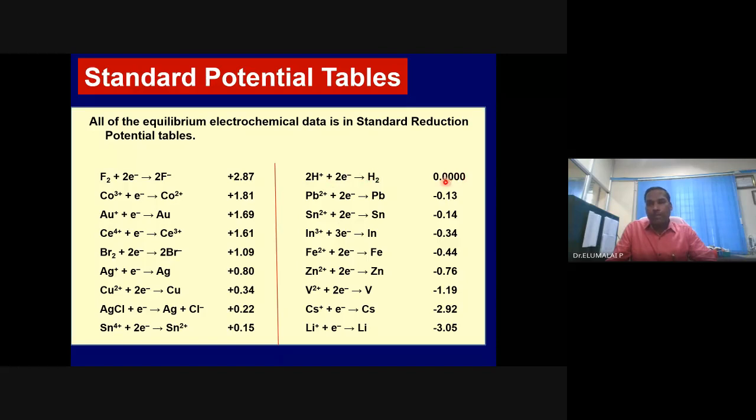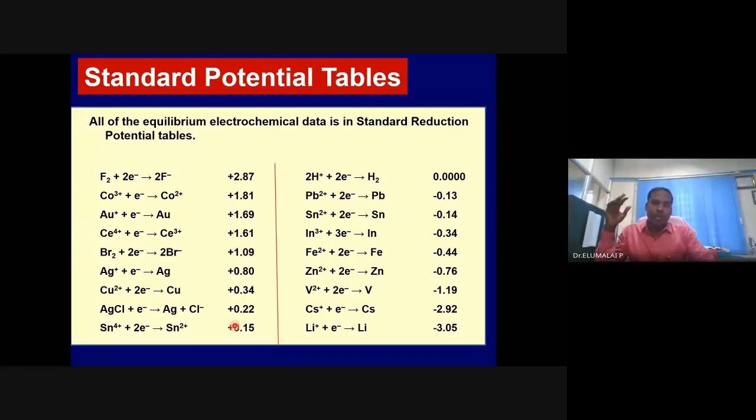You see that some are negative, some are positive, and this is partial only. If you see the full table, it runs into several pages. You should see the Delahay book, it runs into 10-15 pages.